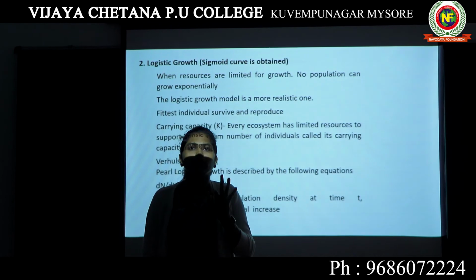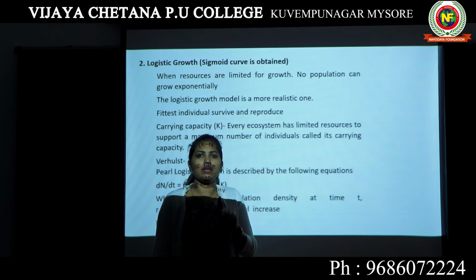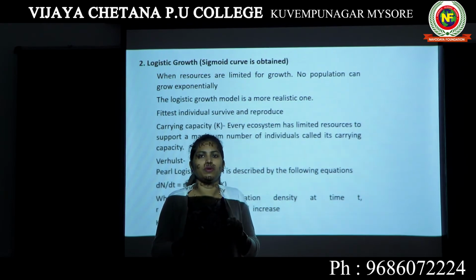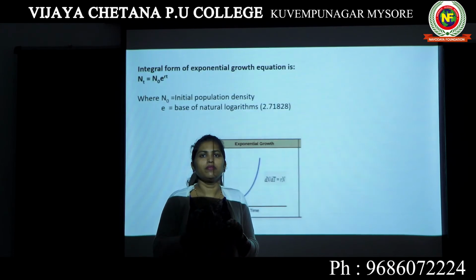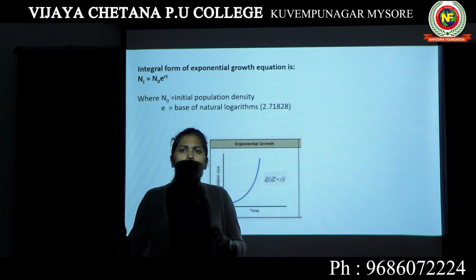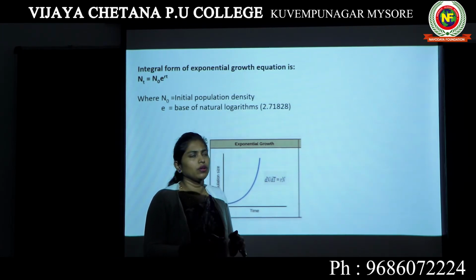The organism which is fittest will survive in the particular ecosystem. The organism which is weak or not fit will be deleted from the history of the natural ecosystem itself.